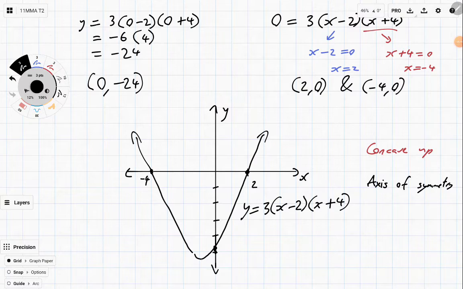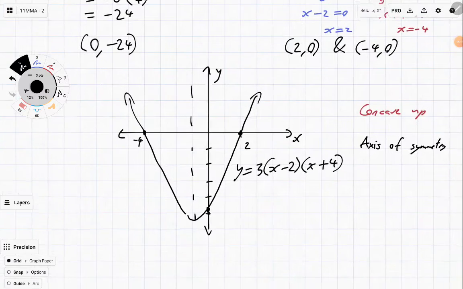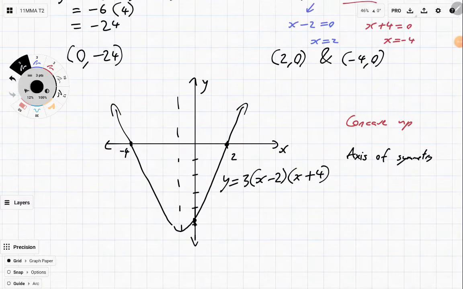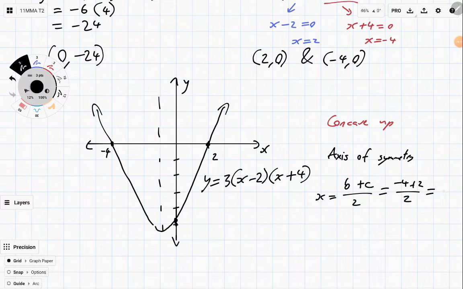So it's going to occur halfway in between -4 and 2, meaning since -4 and 2 are our two roots, we can write that in general as x equals b plus c over 2. In this case it's -4 plus 2 over 2, which is -2 over 2, which is -1, which indeed matches our quick sketch that we did.